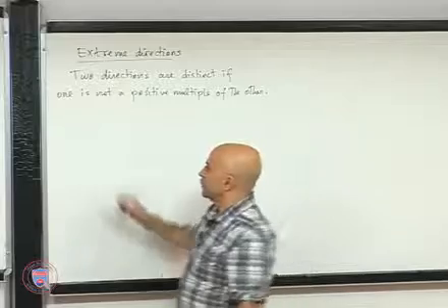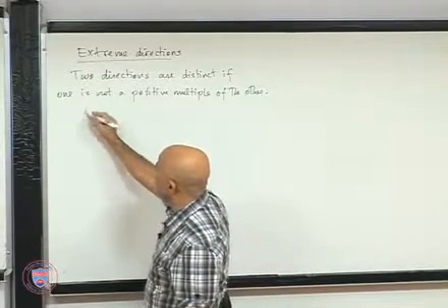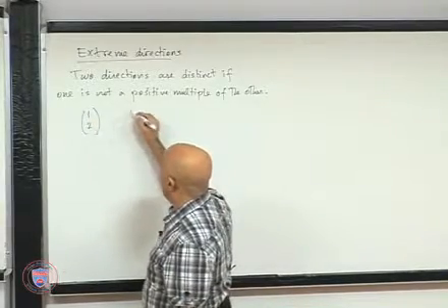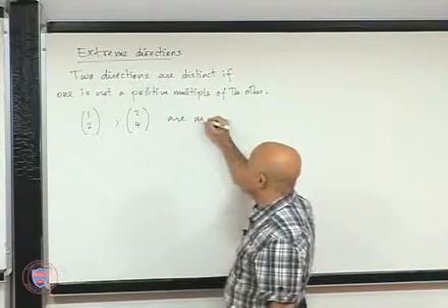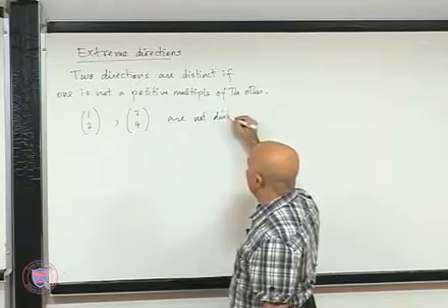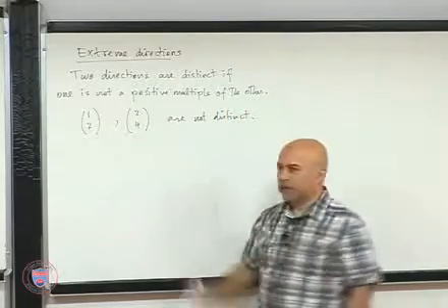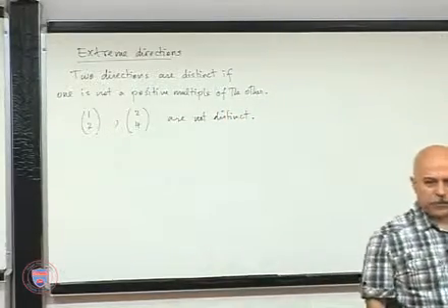So, for example, the directions 1, 2 and 2, 4 are not distinct because they all point in the same direction.